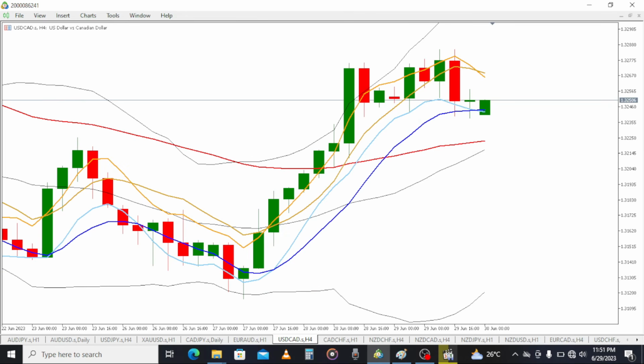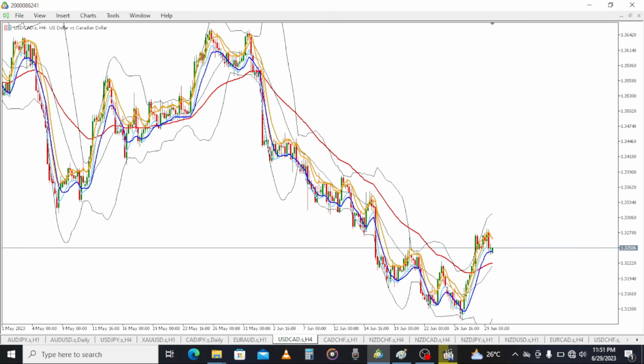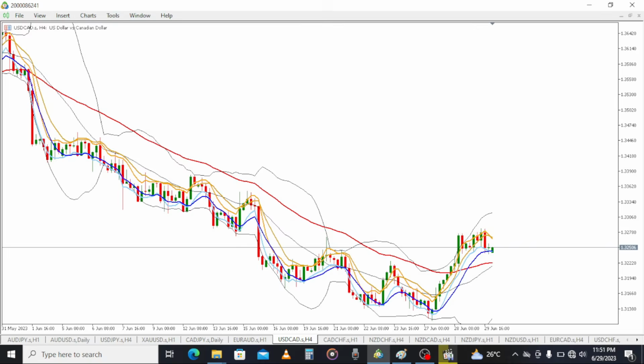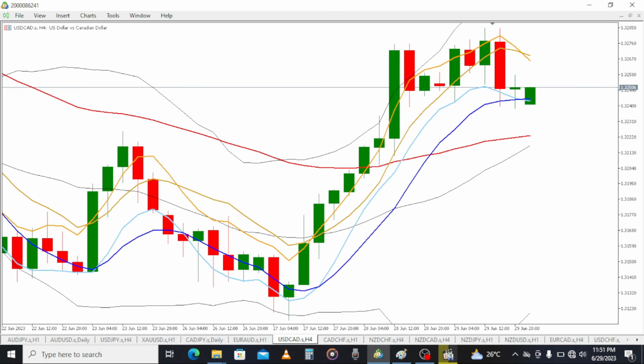Now, before we end the video, let's take a look at this live example. And I took this trade some few days ago, so I'll just show you how I did it. And you can see it's the latest end of the chart. So what condition did I use?